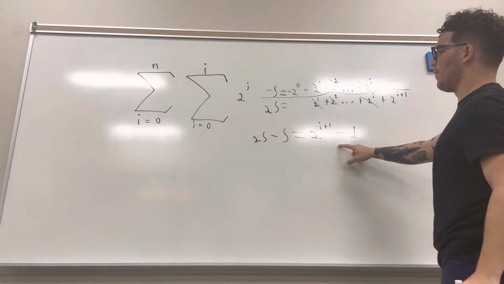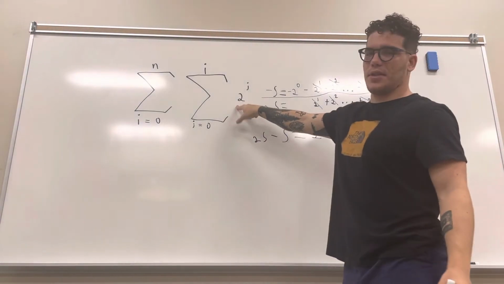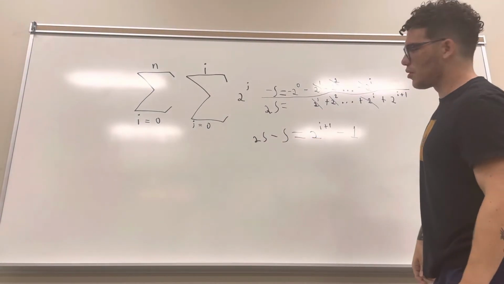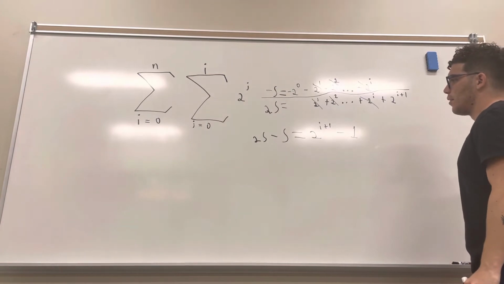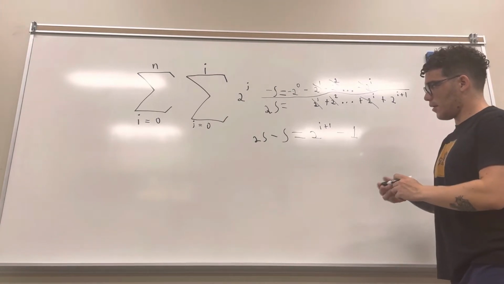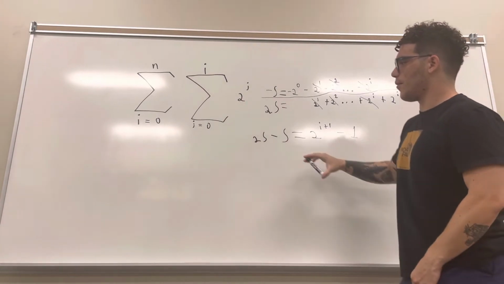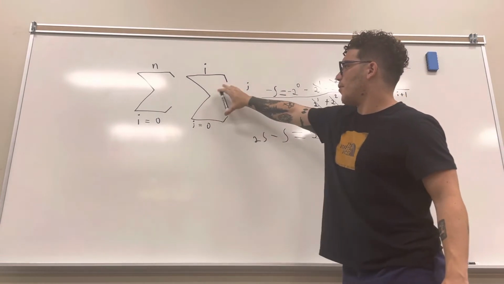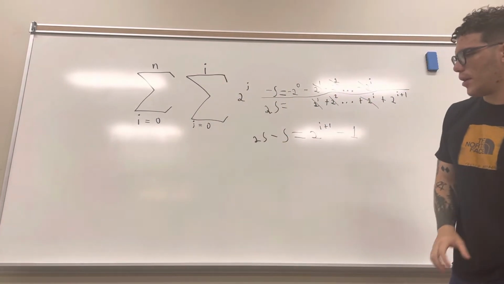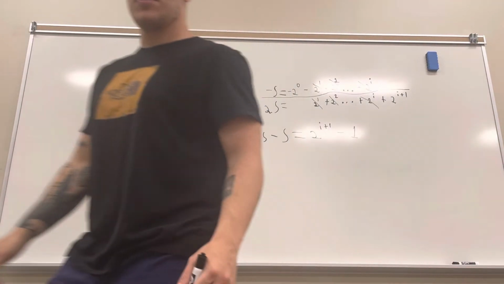And this is the answer to this inner summation, okay? So we're getting somewhere. And then now we can rewrite this without this summation on the inside since we solved for it. Let me get my eraser.